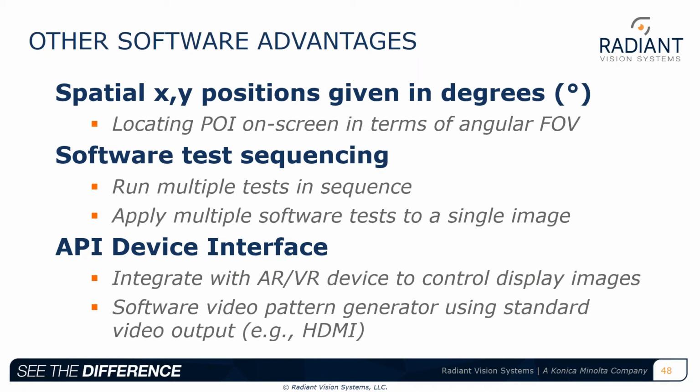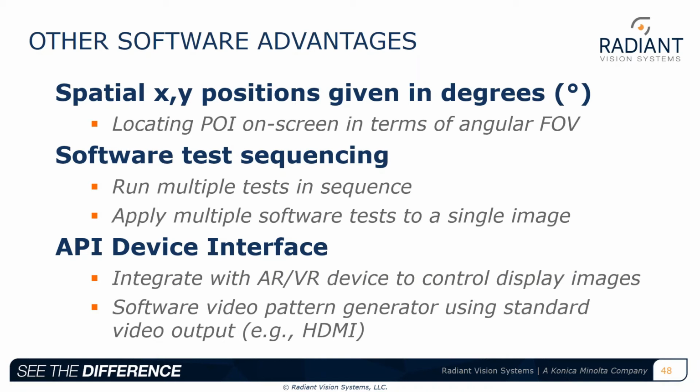And then the API device interface, this really shouldn't be discounted either. TrueTest is very modular. If you have developers available, then they can actually help to construct interfaces between the testing sequencer and the device under test. And just to touch on that, we wrote a new device interface, which we call the AR/VR video pattern generator.